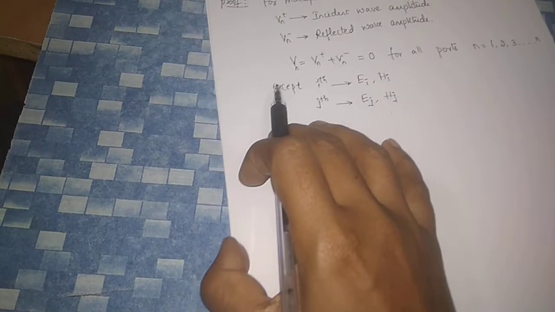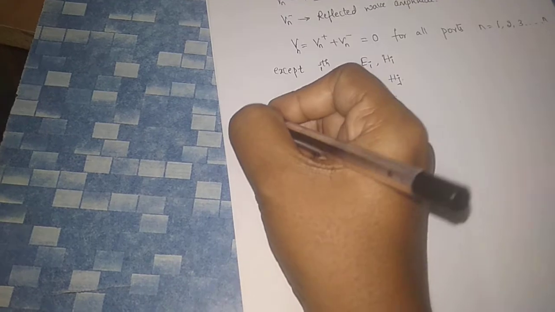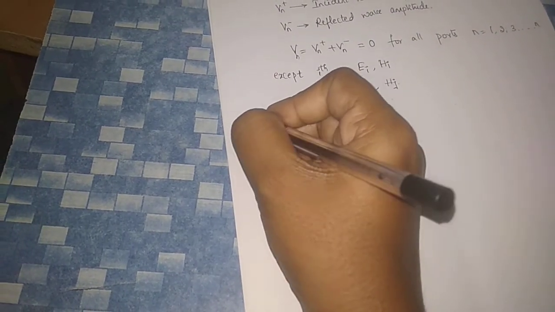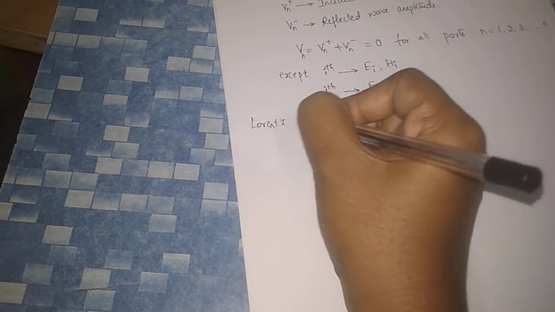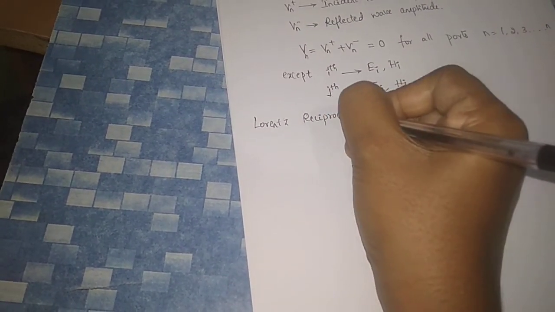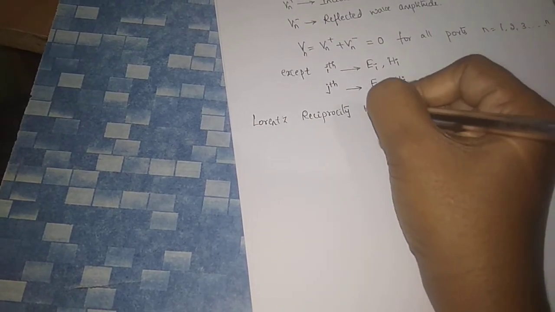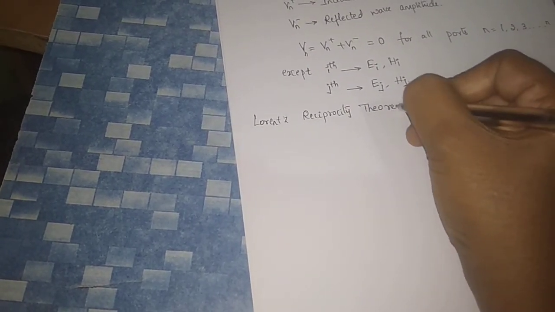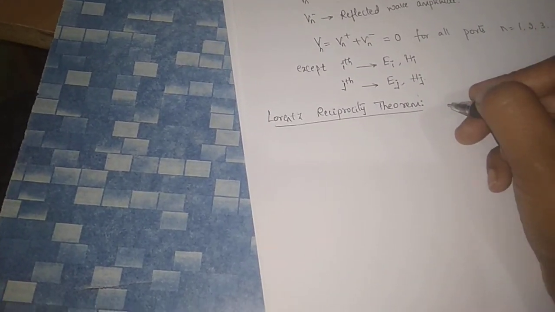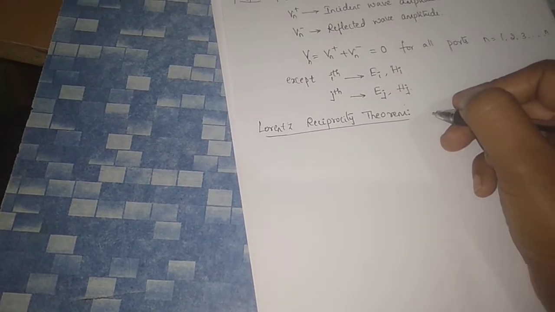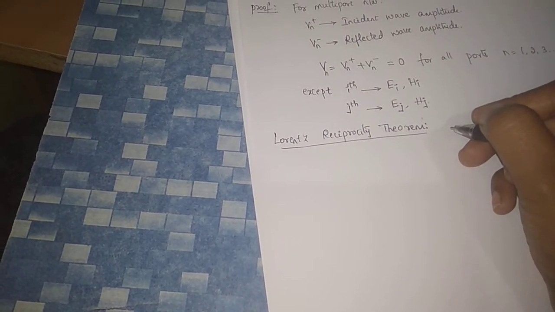Okay. Now we'll consider the Lorentz reciprocity theorem. Considering a volume containing two sets of sources, that is the ith and jth port, each produces the fields Ei, Hi and Ej and Hj.